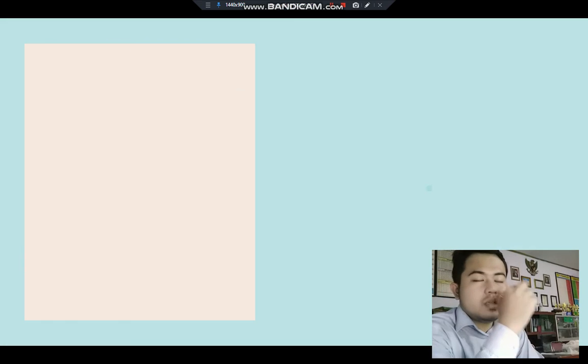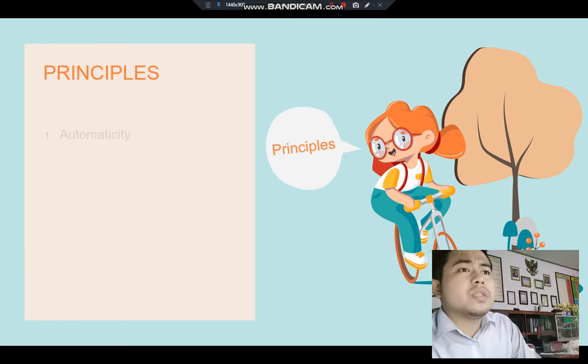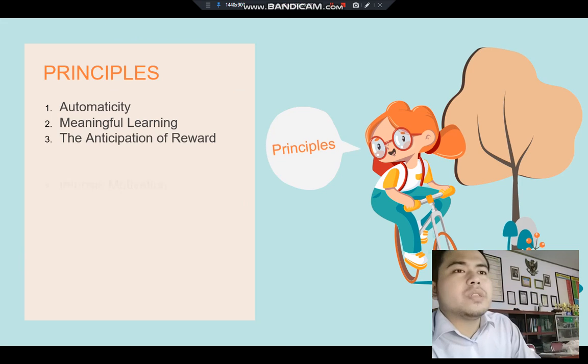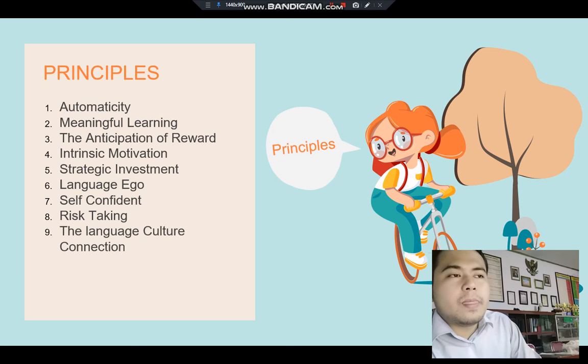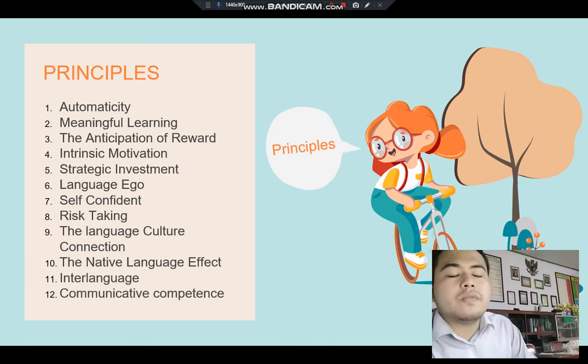Because post-method is an approach, there are also several principles. There are 12 principles of post-method language teaching, like automaticity, strategic investment, risk taking, language culture connection, interlanguage, communicative competence, and others.